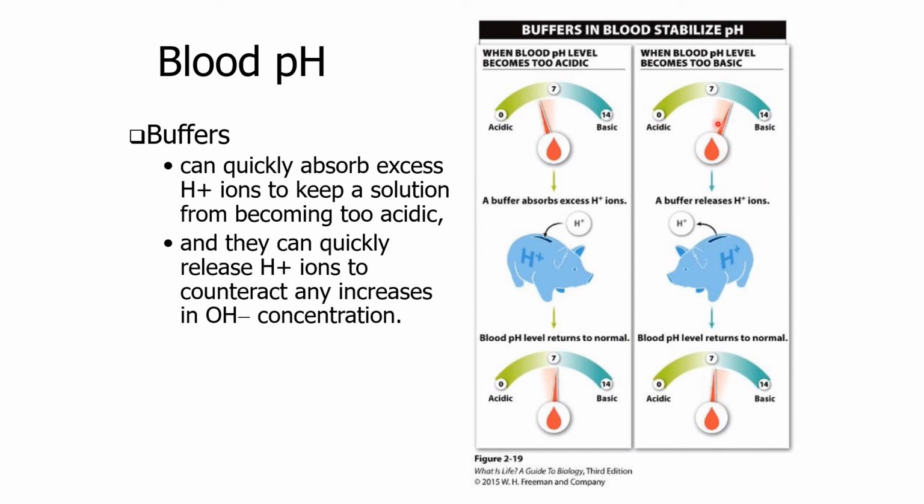Let's say that, again, here is the gauge of your blood's pH, and let's say that your blood is starting to shift towards the basic side. What's going to happen? We said that if a solution is basic, that means you have fewer hydrogen ions. And so what are your buffers going to do?